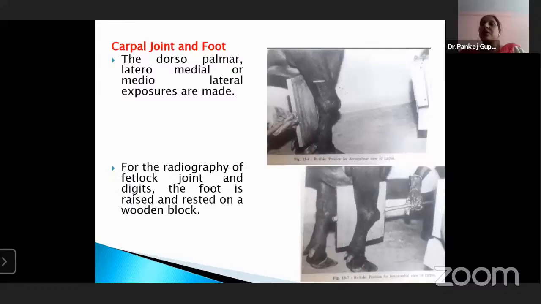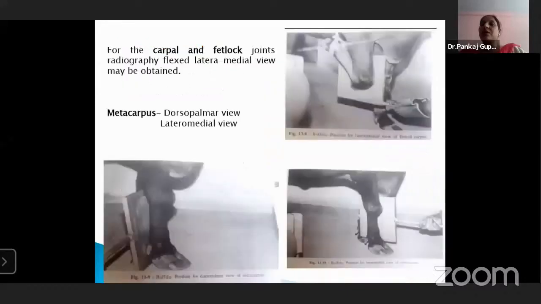For the radiography of fetlock joint and digit, the foot is raised and rested on a wooden block. We can also take the flexed lateral radiograph of carpal joint as well as the fetlock joint. For the metacarpus, we can take dorsopalmar and lateromedial views, which are depicted in the below pictures.